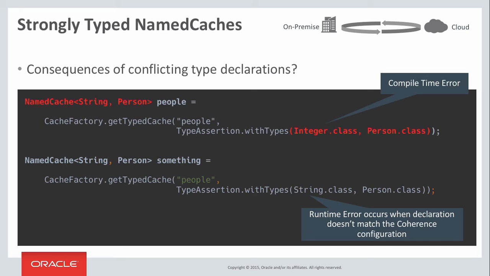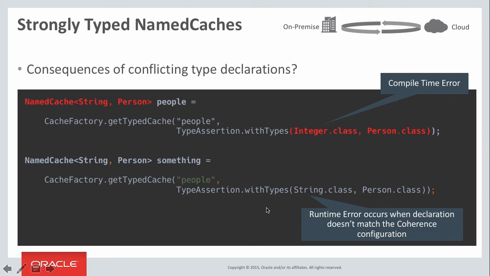So what happens when an application attempts to assign the same named cache to variables that are mismatched or using misconfigured types? Well, as I mentioned, in this case, I'm saying, hey, I want to use integer keys and a person value. Java will actually issue a compiler error that these two things aren't assignable, which is precisely what we want.